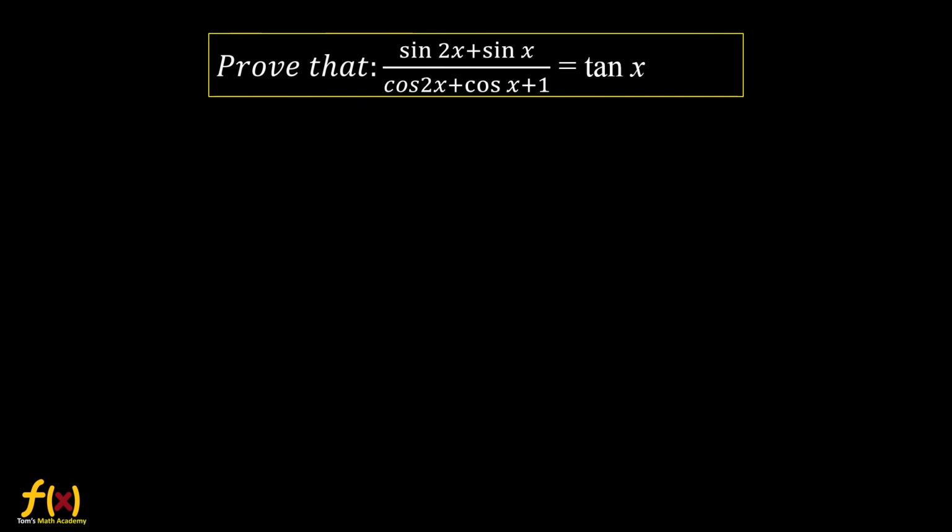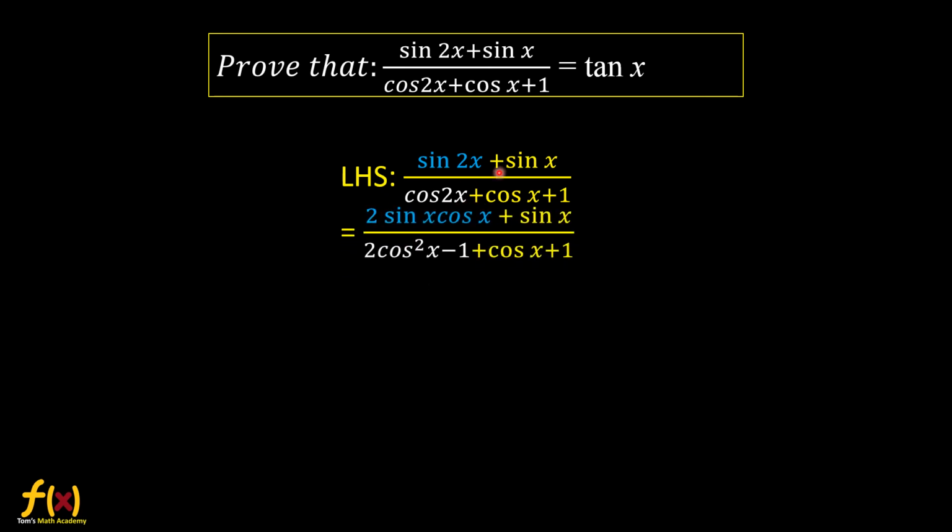All right, as usual, we start with our left hand side. We have sin 2x and cos 2x there, so we can use the double angle formulae. Sin 2x is 2 sin x cos x.